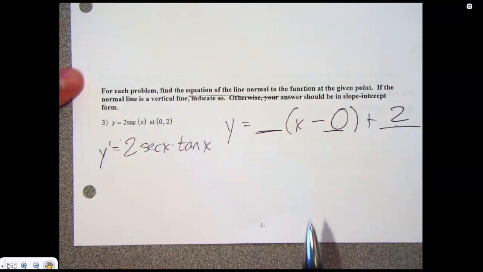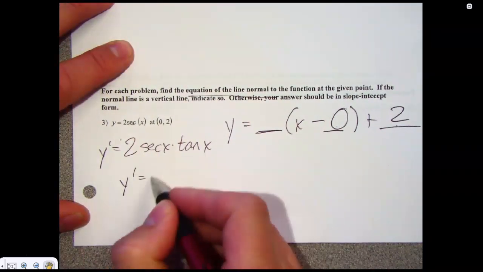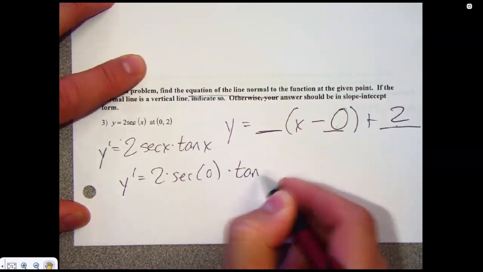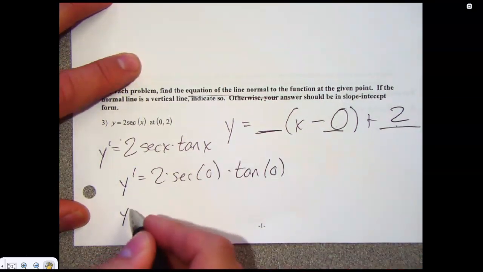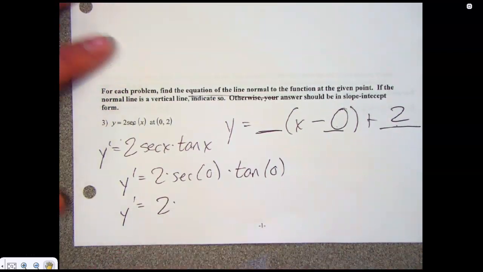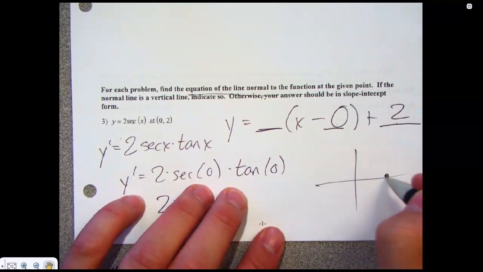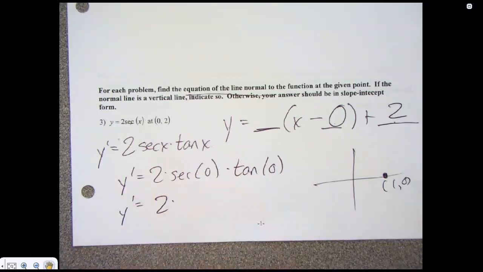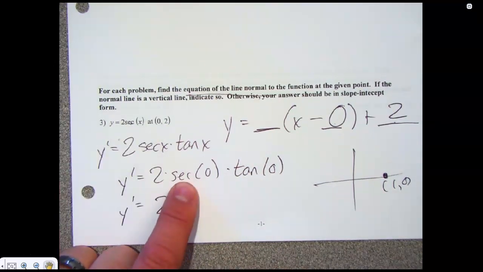And I want to plug in 0. So I want 2 times the secant of 0 times the tangent of 0. So 0 degrees is over there. What are the coordinates at 0 degrees? 1, 0. So then think through what these mean. Secant is what flipped upside down?